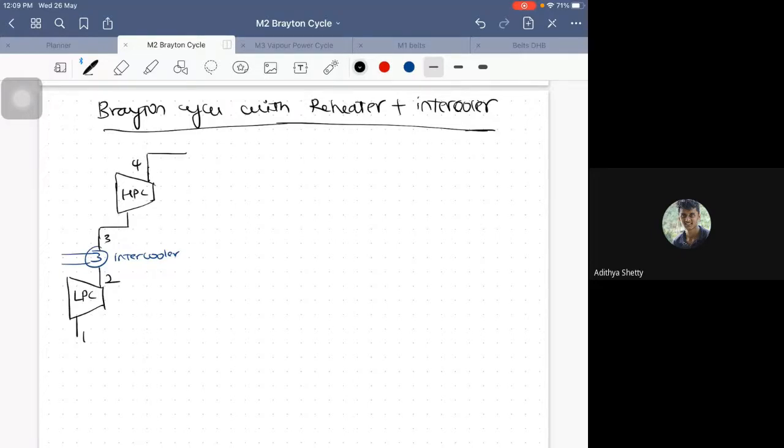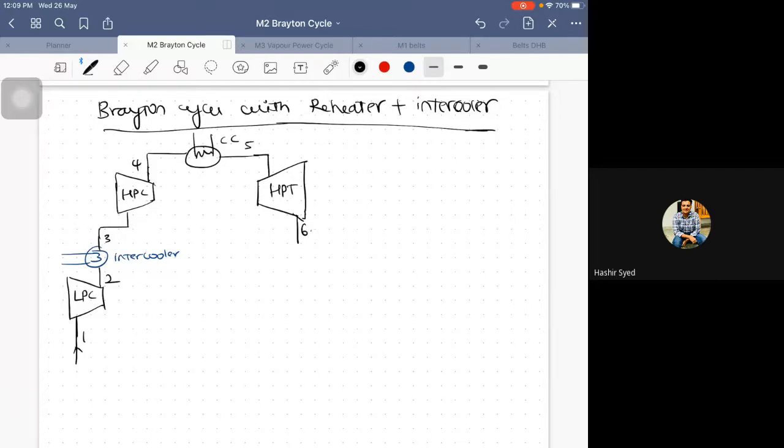Now there is heat addition in the combustion chamber so that it changes its state to state 5. What happens next? Next is the high pressure turbine. I would draw the turbine in the reverse fashion. So this is the high pressure turbine, and it would expand up to state 6.